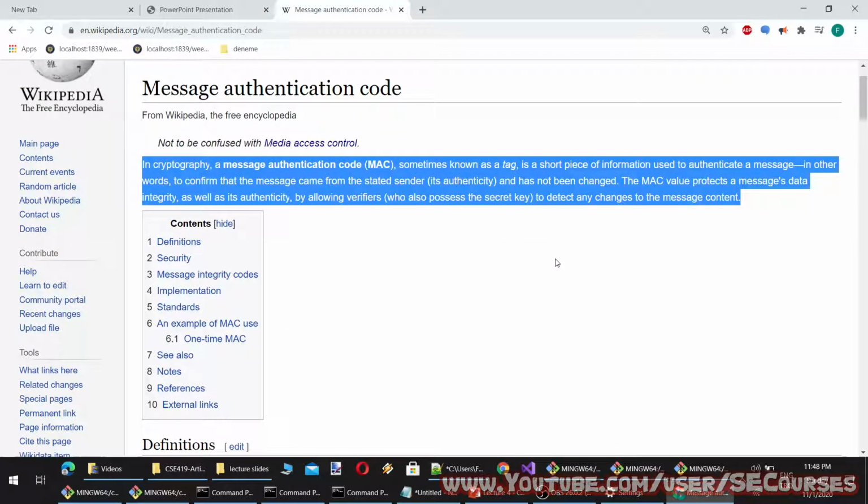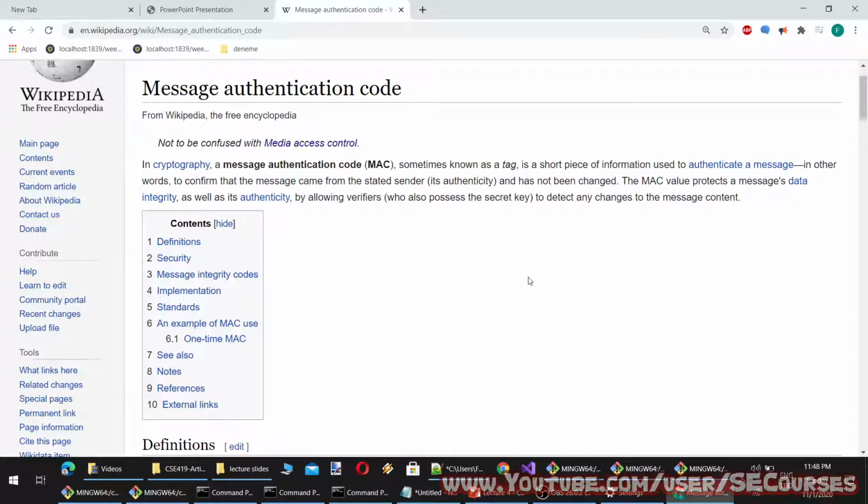In cryptography, a message authentication code, MAC, sometimes known as a tag, is a short piece of information used to authenticate a message, in other words, to confirm that the message came from the stated sender, its authenticity, and has not been changed. The MAC value protects a message's data integrity, as well as its authenticity, by allowing verifiers, who also possess the secret key, to detect any changes to the message content.